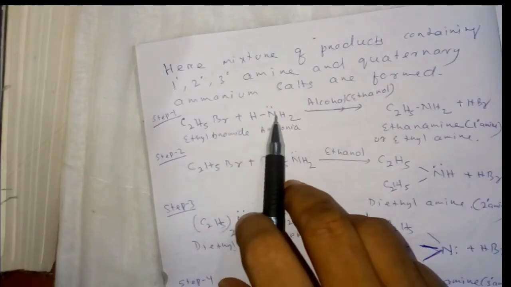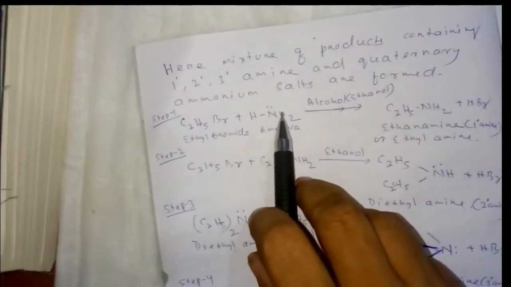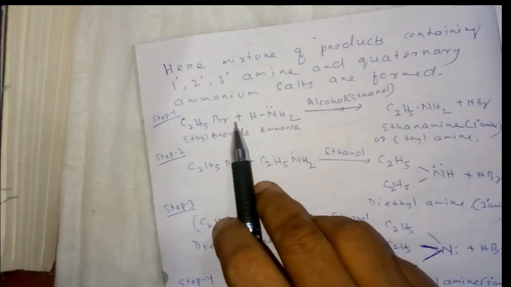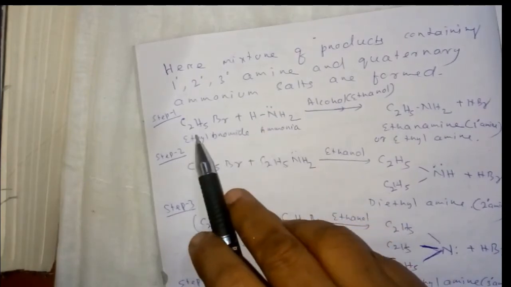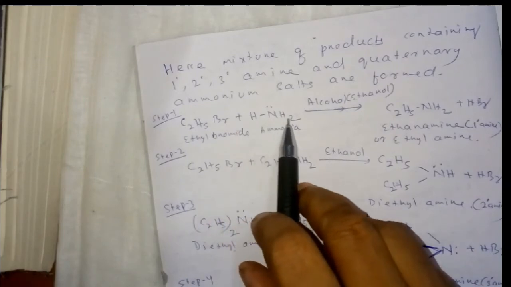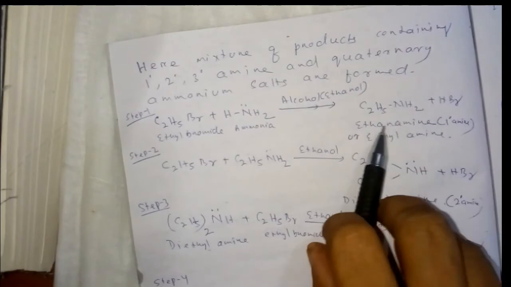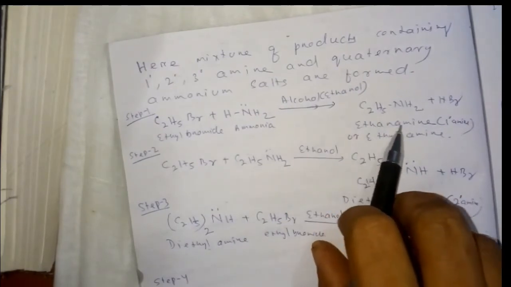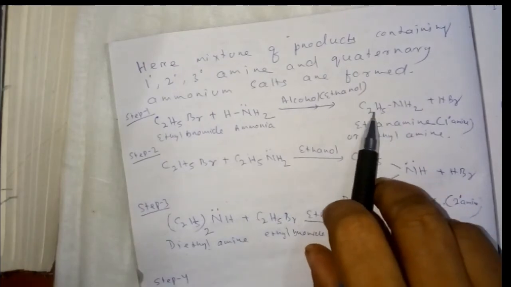H+ will go with Br− as HBr, and NH2 will attack. So it is nucleophilic substitution. C2H5Br gives C2H5NH2 plus HBr. This is ethanamine, the IUPAC name, a 1 degree amine, or common name ethylamine.